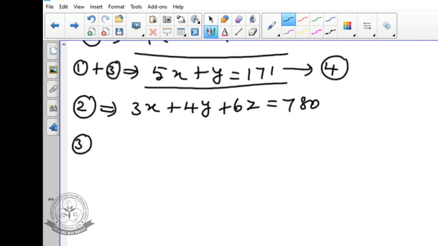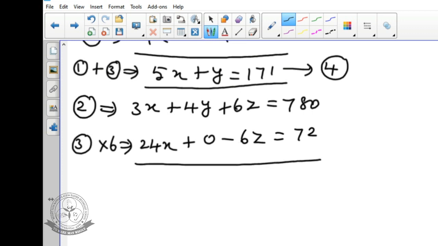Next, I am going to multiply equation 3 with 6. So I get the equation 24X minus 6Z. Now we have the same coefficient, so that is why I multiply equation number 3 by 6. The Y term is not given, so put 0, equal to 72. This is a new equation, so we give it equation number 5.